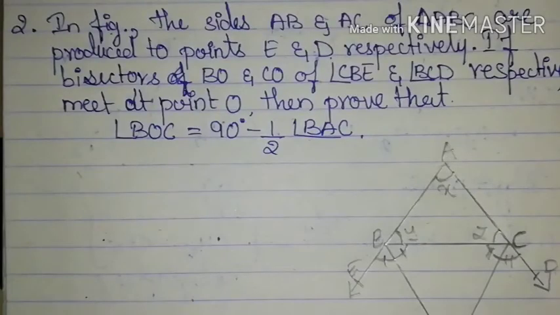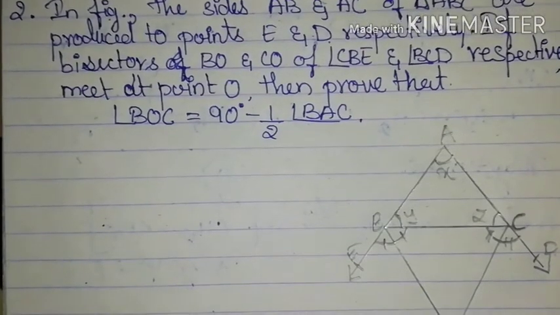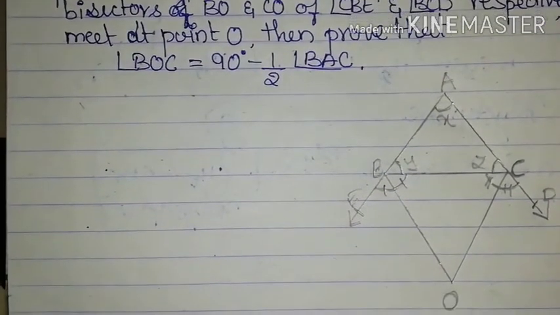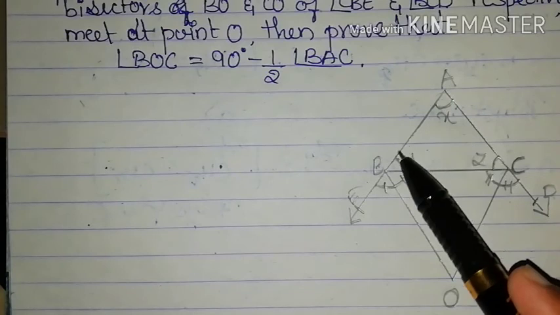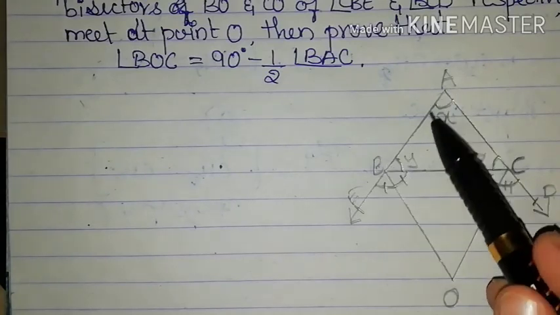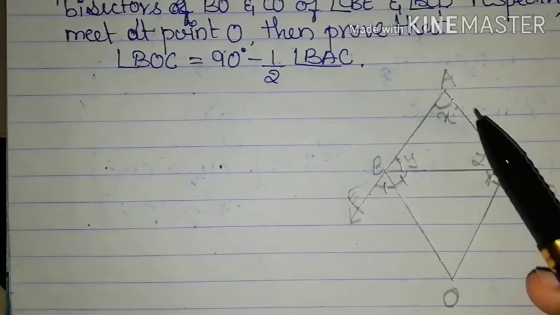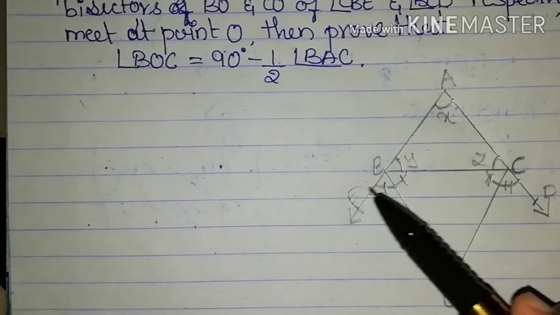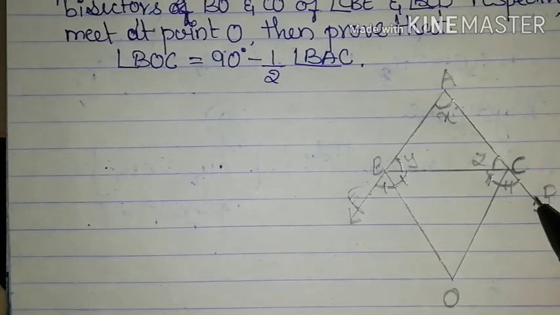In the second question, in the figure, the sides AB and AC of triangle ABC have been extended to the points E and D respectively.